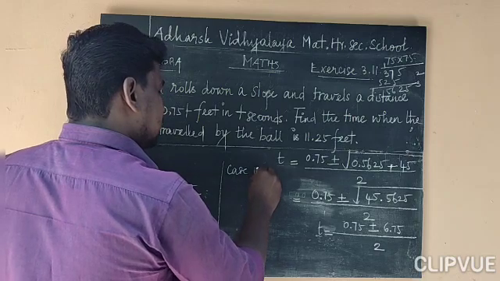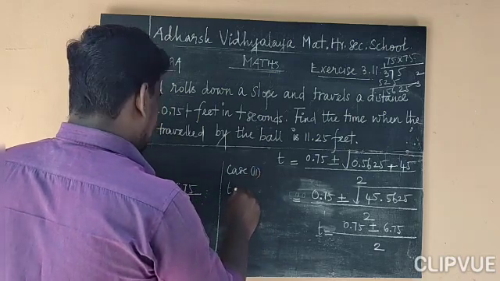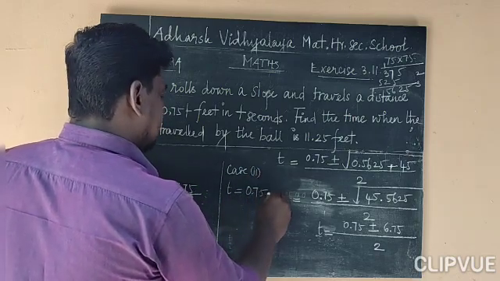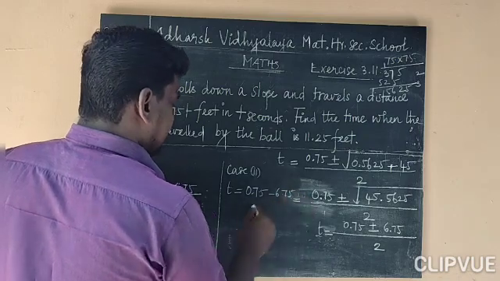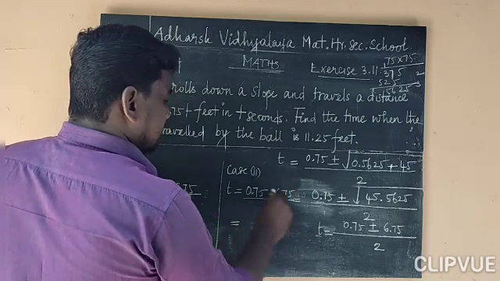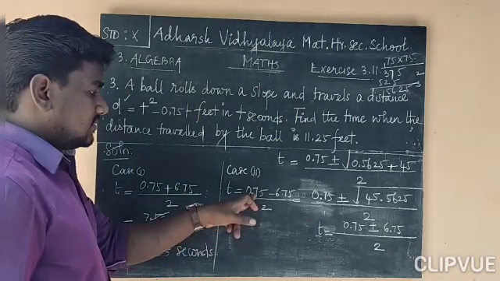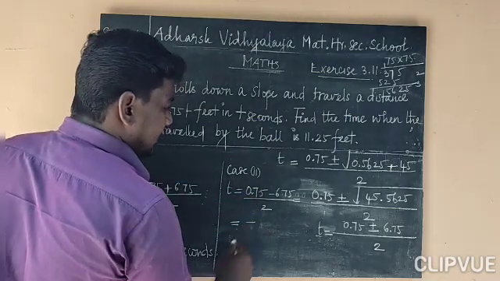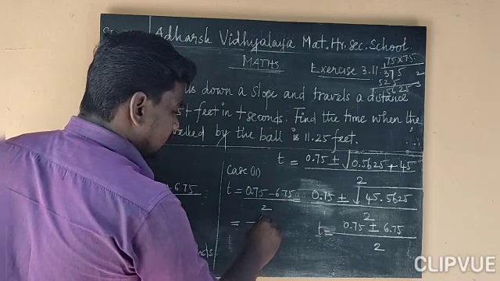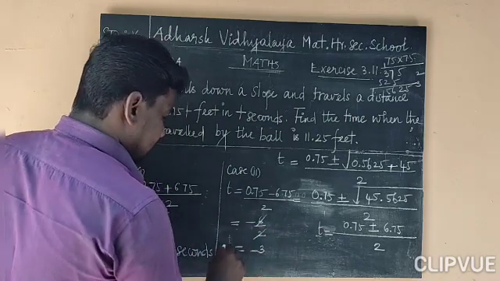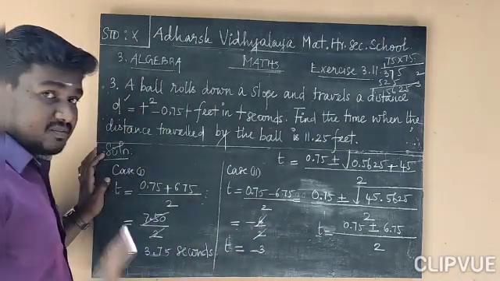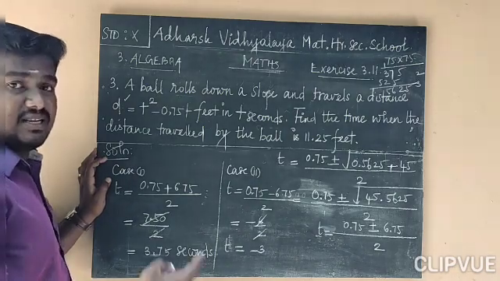And second case, case 2, t is equal to 0.75 minus 6.75 divided by 2. So here 0.75 minus 6.75 means minus 6, divided by 2, it gives minus 3. t must be positive, you know that, because t is time.